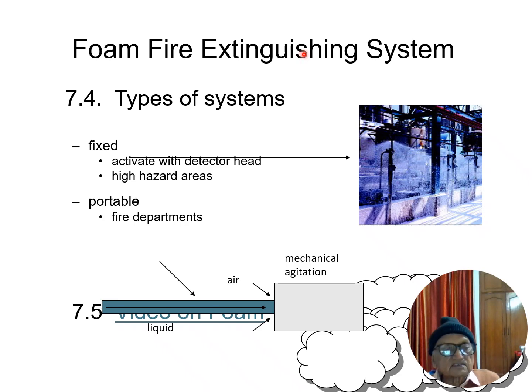The tanks, the foam fire extinguishing systems are applied in areas which are surface areas, in vertical formation. This can be of two types, fixed type and portable. The fixed type has activation with the detector head as shown here and is installed in high hazard areas.